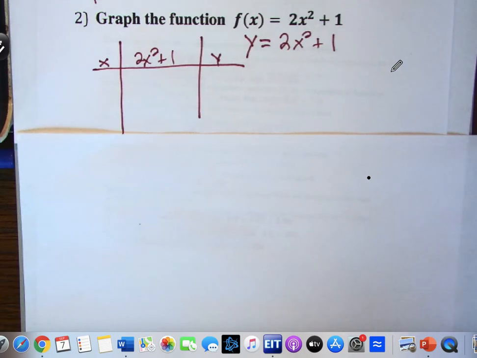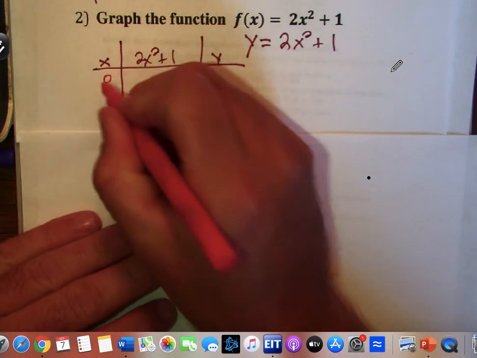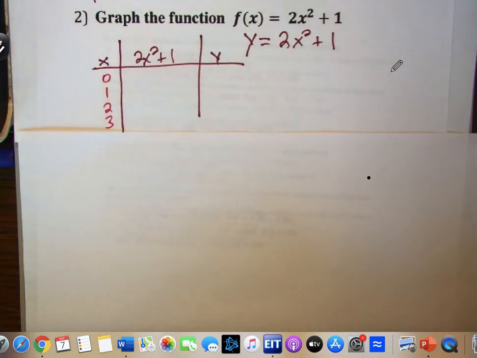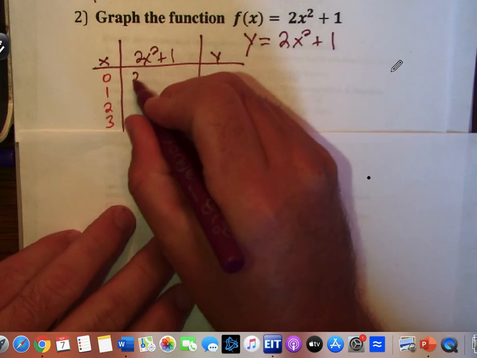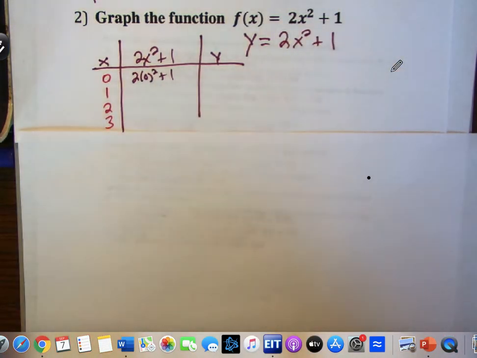It's almost better. If the book doesn't tell us, or I don't tell you, you get to choose some x values, whatever you want to use. You can try 0 and 1 and 2 and 3. Sure, 4 is good. But we're going to plug them into our rule, and then we can get the y value that goes with each x.